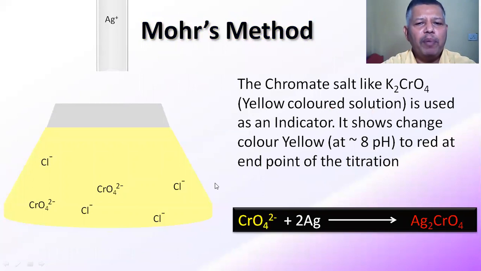Initially, the chloride ions and chromate ions are present here, and when we add the silver, it goes towards the formation of silver chloride as a white colored precipitate.